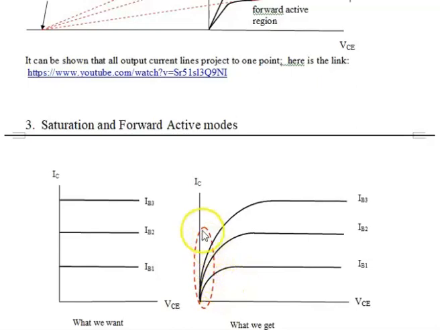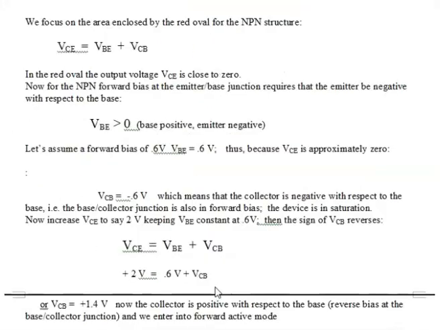So the point here is that saturation always exists when the two junctions are forward biased, and I can't get around it. It's always there.